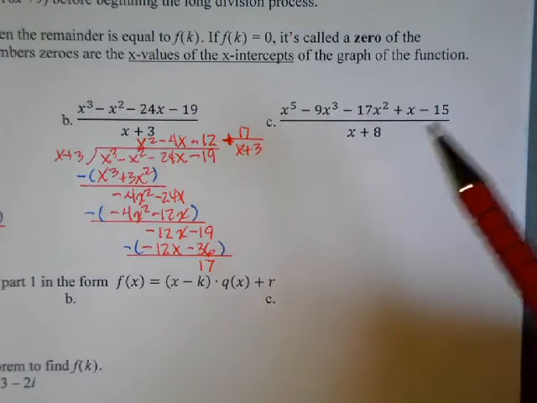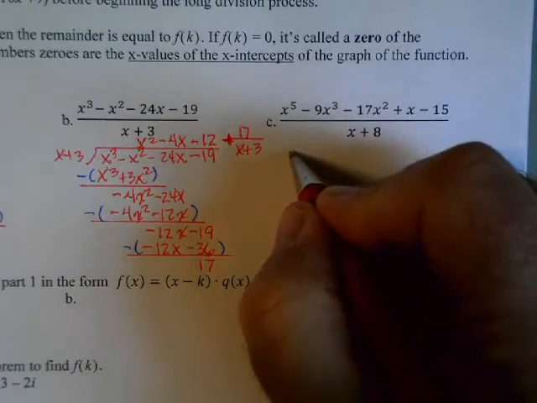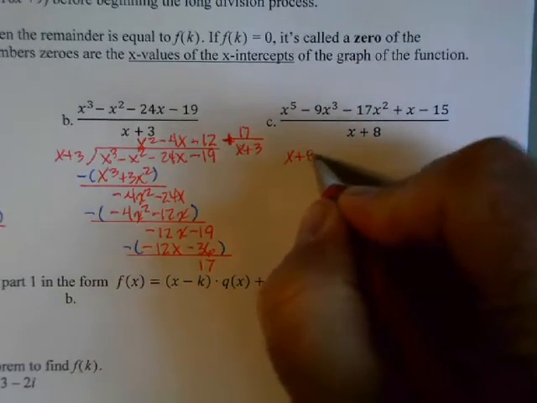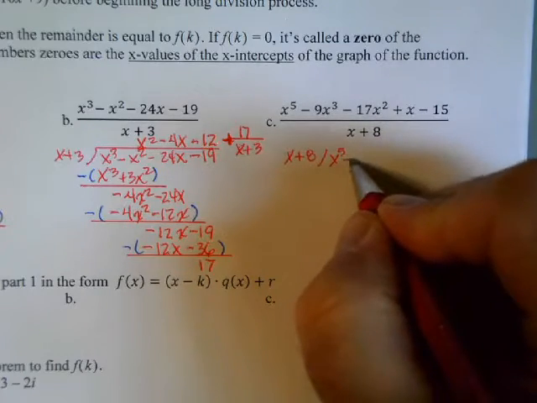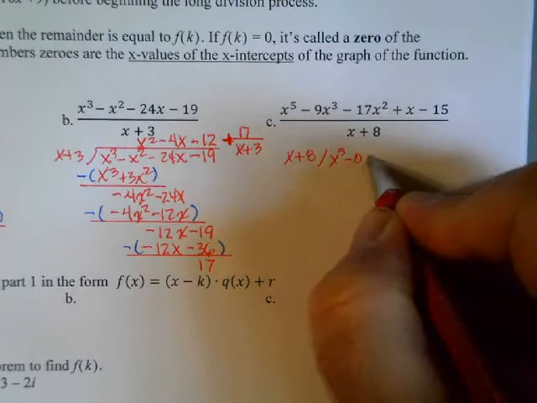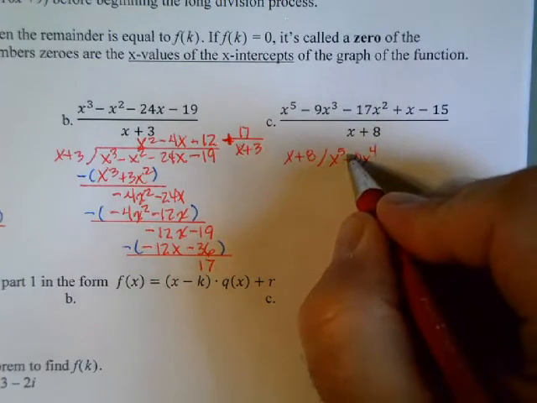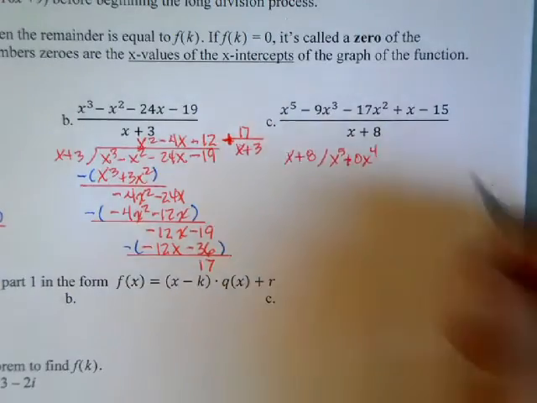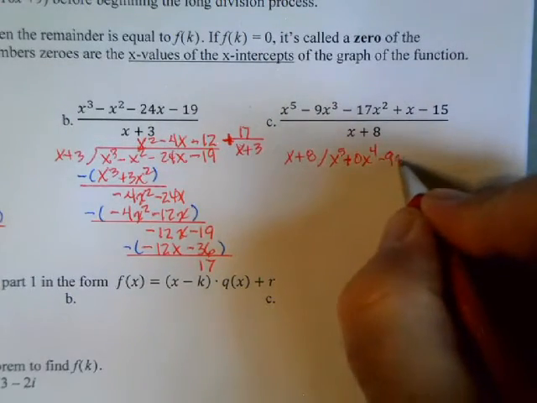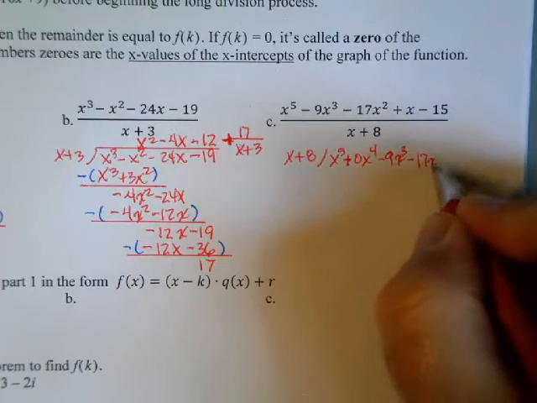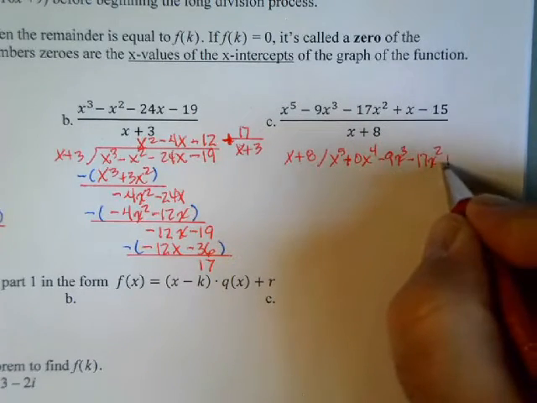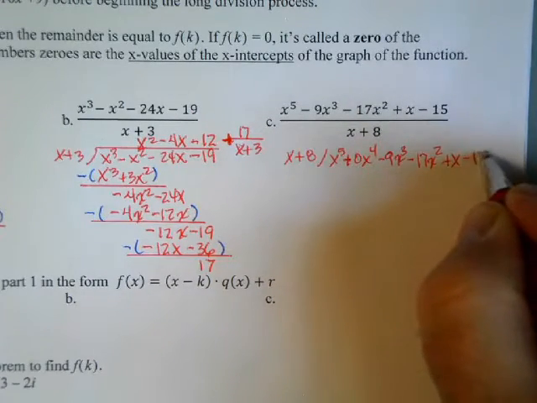So we're going to do x plus 8, and then we got to have x to the 5th minus 0 x to the 4th, or we could do plus, it doesn't matter because it's 0, minus 9x cubed minus 17x squared plus x subtract 15. So we're doing all of those terms.